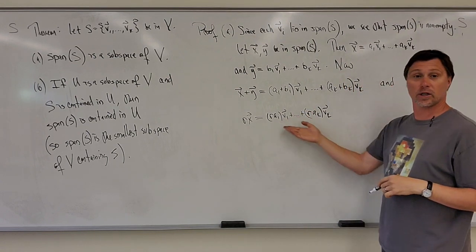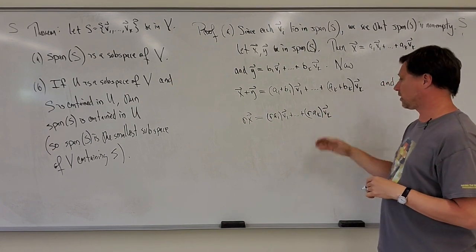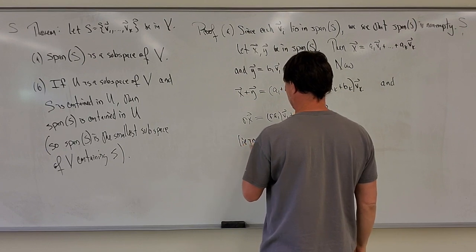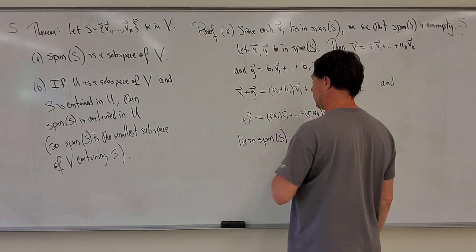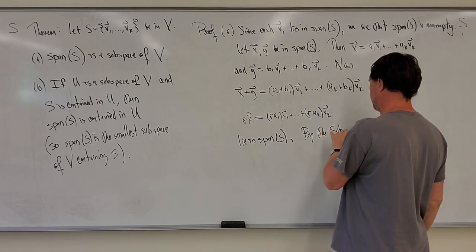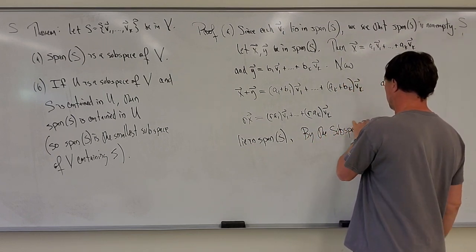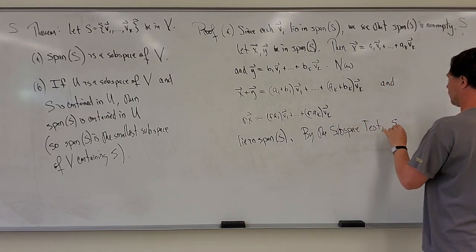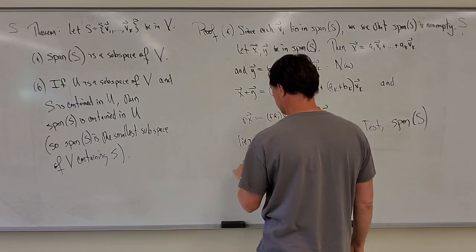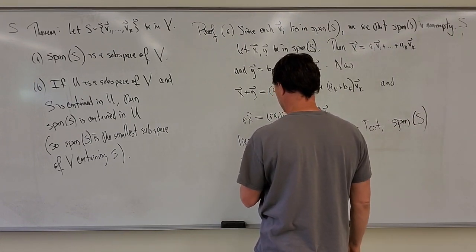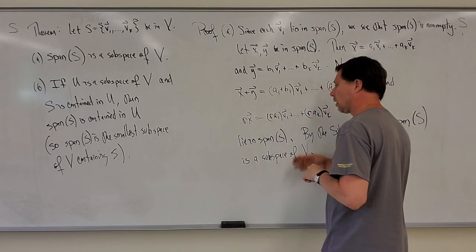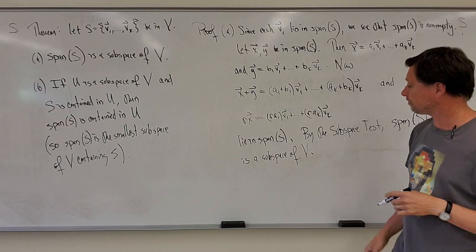Here's another linear combination. So both of these lie in span of S. So by the subspace test, span of S is a subspace of V, closed under scalar multiplication and under addition.